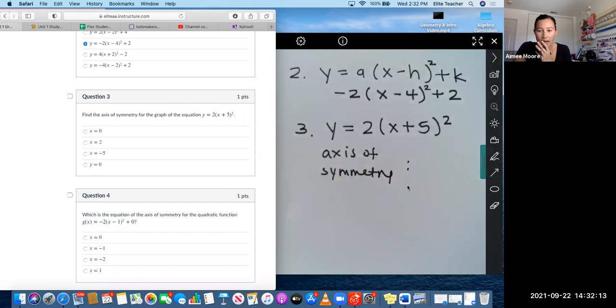What would our axis of symmetry be? Yeah, I think they are scrambled, but just go ahead and find this question on your quiz. I deleted all the extra questions, so now there's just 5.